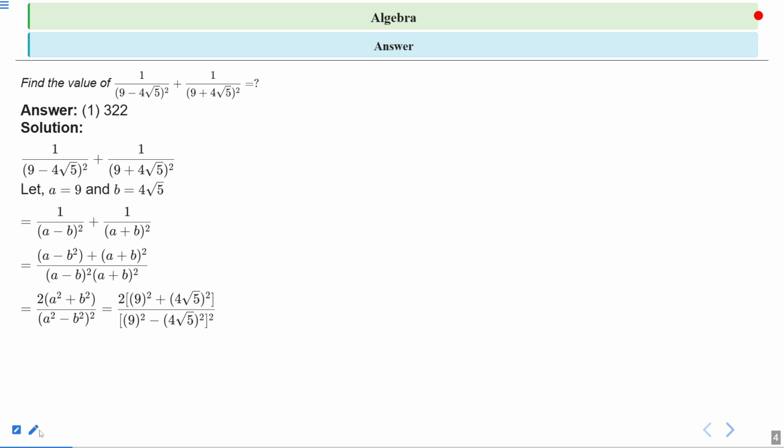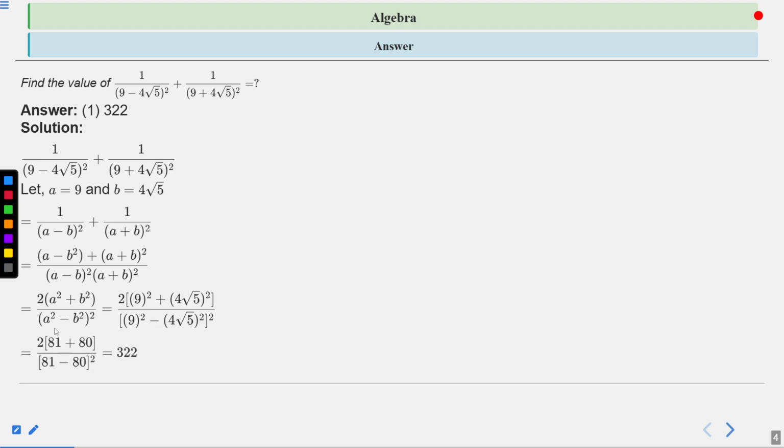When we put in the values, we get 2 times (9 square plus (4 root 5) whole square) upon (9 square minus (4 root 5) whole square) whole power 2. Simplifying, we get 2 times (81 plus 80) upon (81 minus 80) whole square. So we get 322. So the first one is the correct answer of this question.